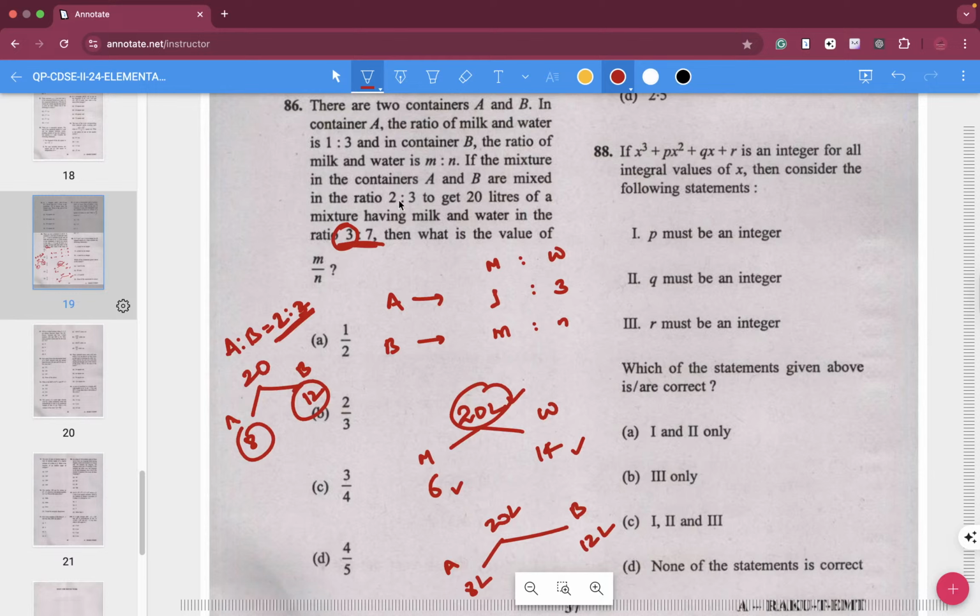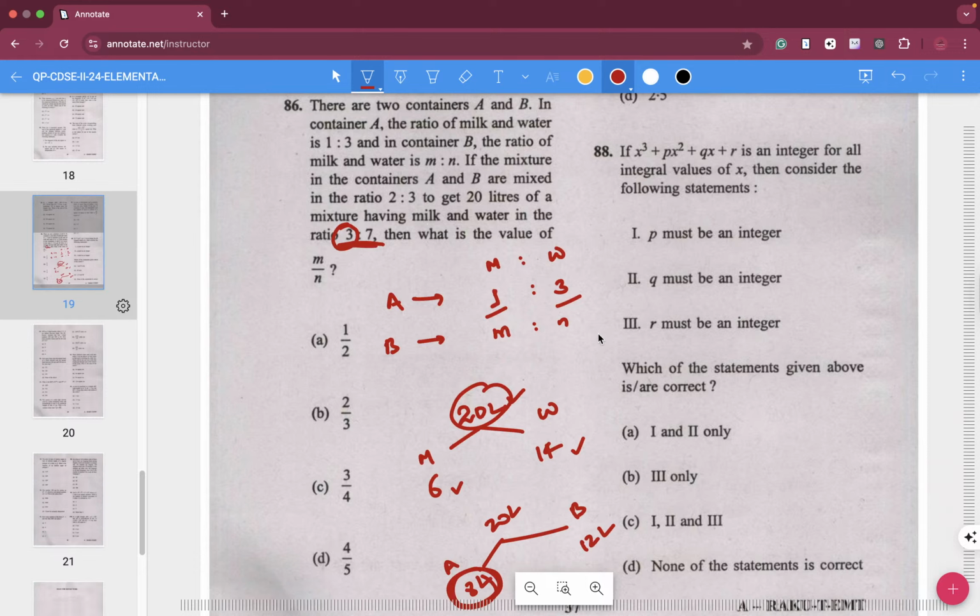Now they have also said one more thing over here, that in A the milk and water ratio is 1 is to 3.